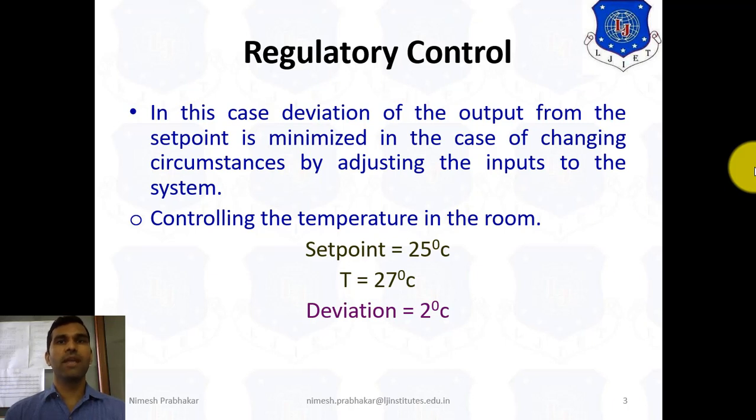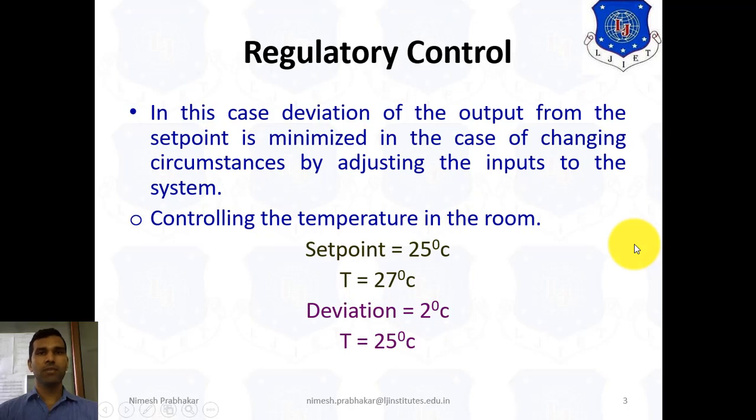We know that in an AC, when the condenser starts, the temperature is reduced. That means the temperature is reduced by the controlling action and we get 25 degrees again.